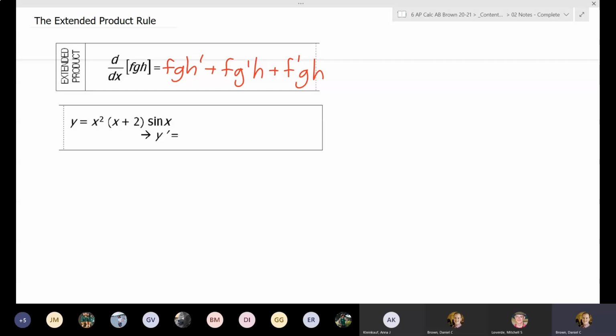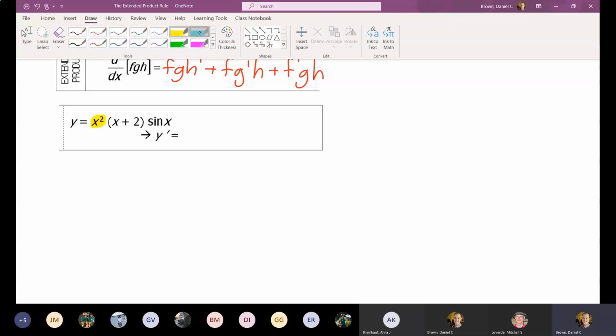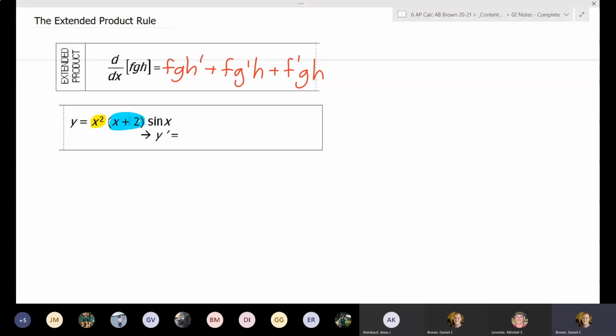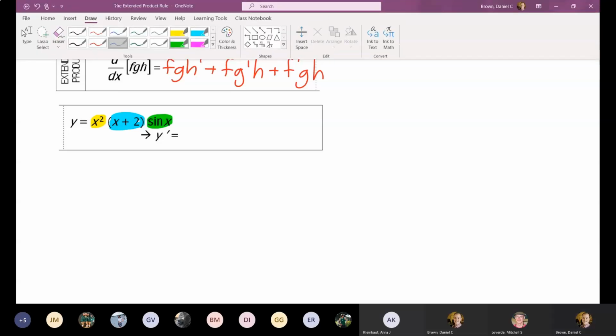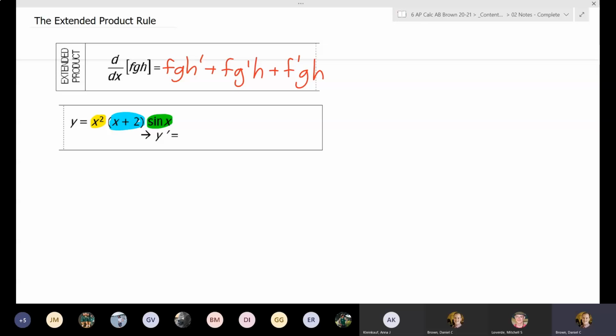When I'm looking at this example, I have an x squared, I have an x plus 2, and then I have a sine of x. Taking the derivative of this one, order doesn't really matter since we're always adding and multiplying, but I kind of work from the back to the front. So I have x squared times x plus 2 times the derivative of sine, which is cosine.